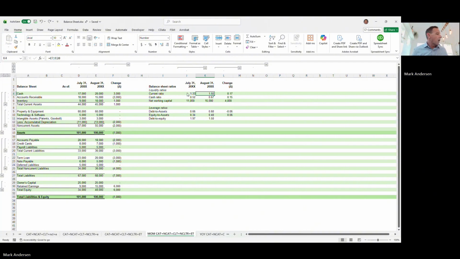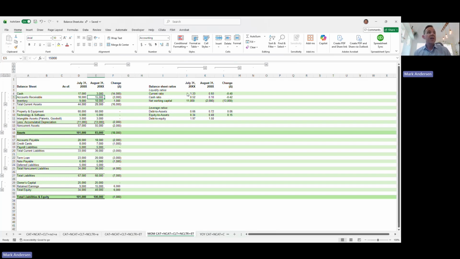Current ratio, I want to make really clear that good strong liquidity, meaning the higher your current and cash ratios are, the more flexibility you have in terms of operating. If you are cash poor, you see how the ratios went down. Your cash ratio went way down.